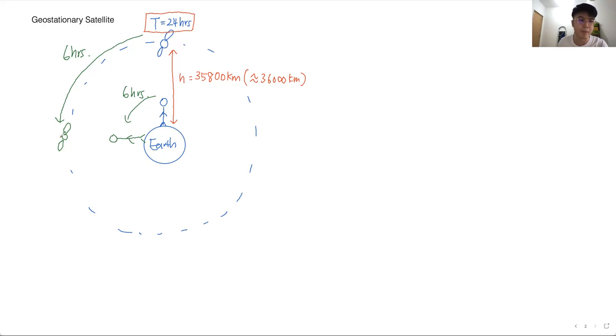It's directly above me. Another 6 hours passed. Now I'm here, and the satellite also is here. When I look up, I see the same satellite, as if it has not moved at all. Again, 6 hours again. Now my position is here. The satellite has gone from here to here.